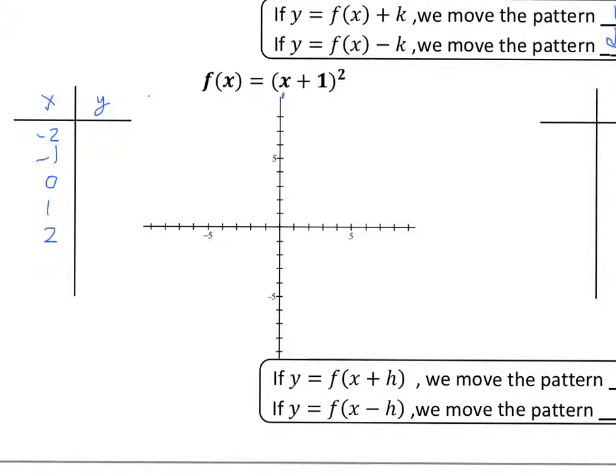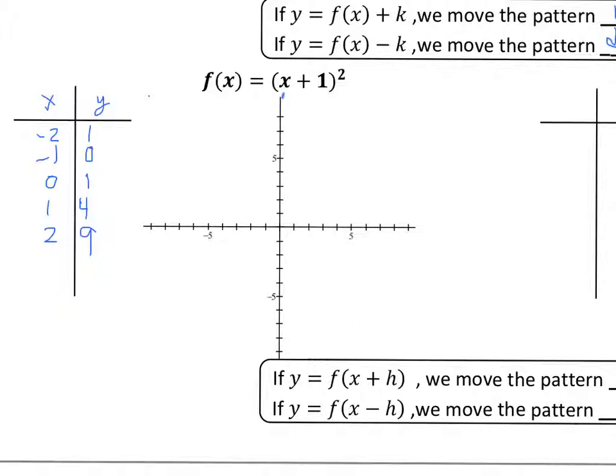If I plug -2 in there, I get -2 plus 1 is -1, squared is 1. Good. What about -1? 0. What about 0? It'd be 1, right? What about 1? 4. Good. What about 2? 9. Good.